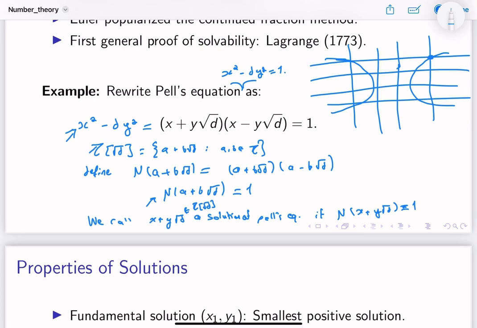Well, let's observe, just a little note here, that if x plus y square root of d is a solution to Pell's equation, then x plus y square root of d to the n is also a solution.